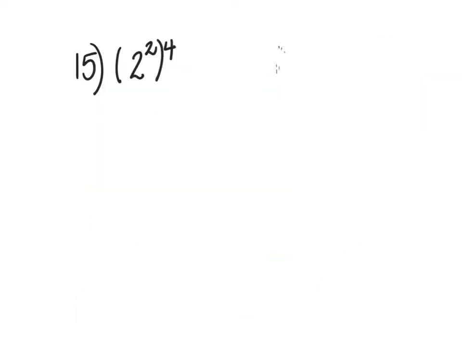On number 15, we have 2 to the second raised to the fourth power. So again, we're going to keep that base of 2, and then we're going to multiply 2 times 4 is 8. So this is really 2 to the 8th power, which I can simplify further to 256.